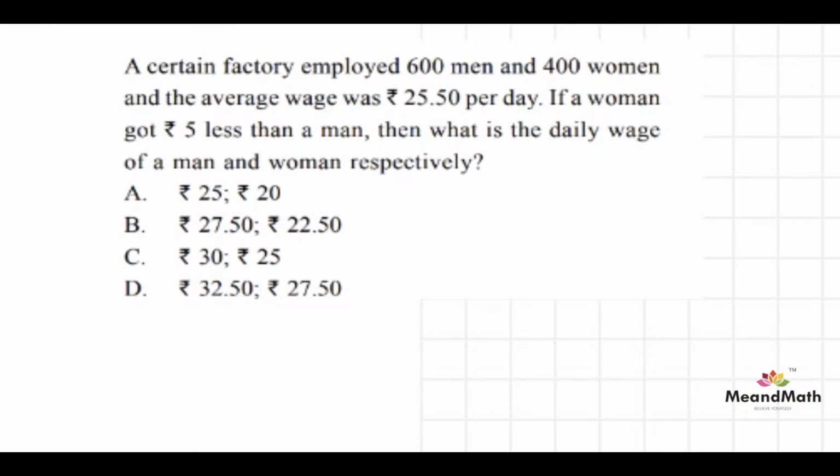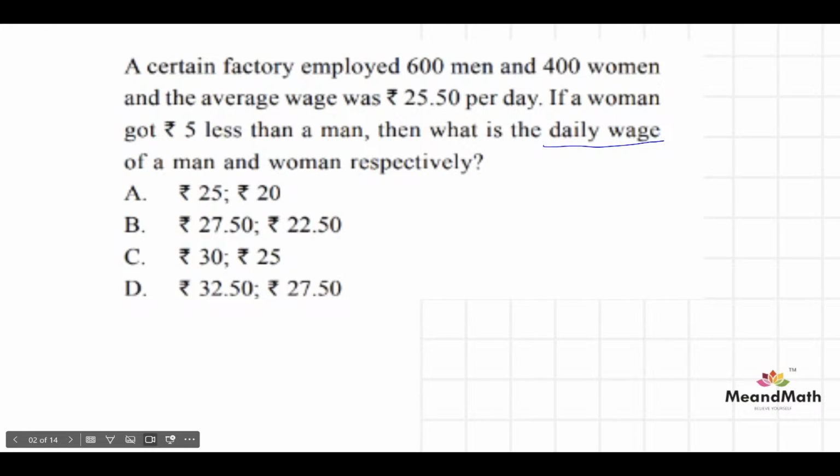Read the question, see what information is given to us and what exactly we need to answer. It's asking us for the daily wage of a man and a woman respectively.